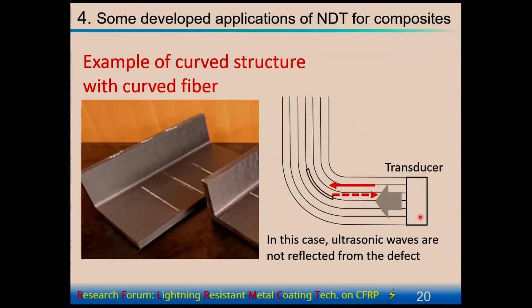But when they changed materials from metal to composite, carbon fiber reinforced plastics, they could not detect manufacturing defects at the corners. So they asked us to do collaboration research because they want to know the reason why they cannot detect this defect.